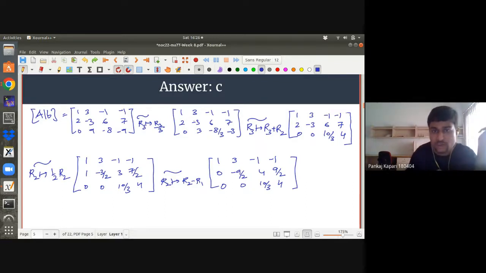Okay, let's do one thing. Notice that if we change row 3, then this entry, which was 0, will become non-zero. So we will not change row 3. Instead, we'll make a change in row 2.